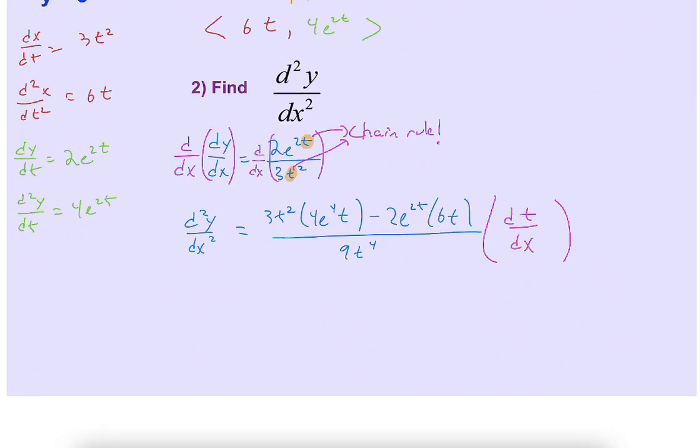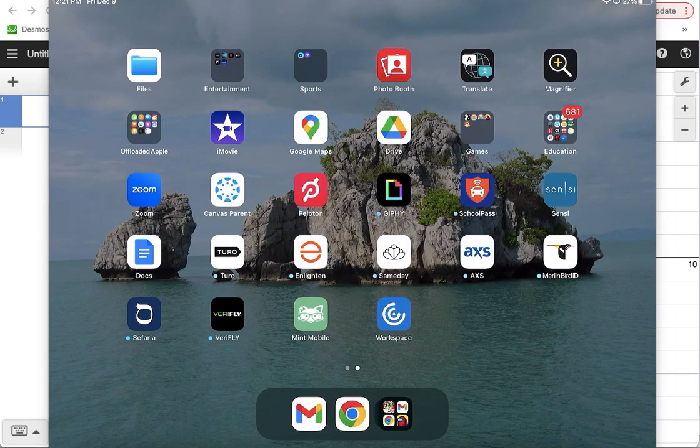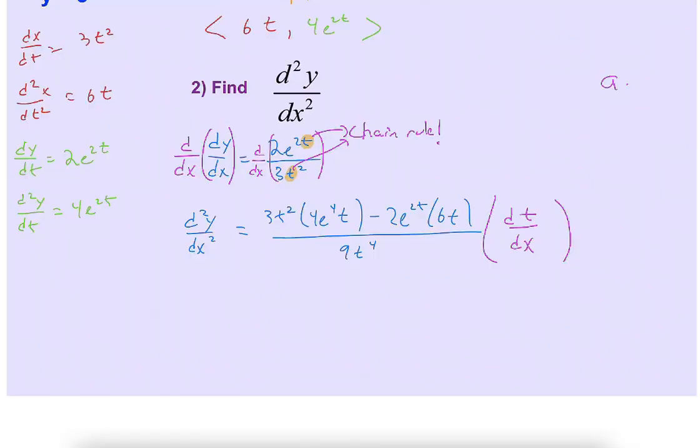Instead of multiplying by dt/dx, just in general, if you take a number and multiply it by a fraction, so any number times b over c, that is the same thing as taking that number and dividing it by the reciprocal of that fraction. You've seen this before. Dividing by one fraction is like multiplying by its reciprocal. They mean the same thing.